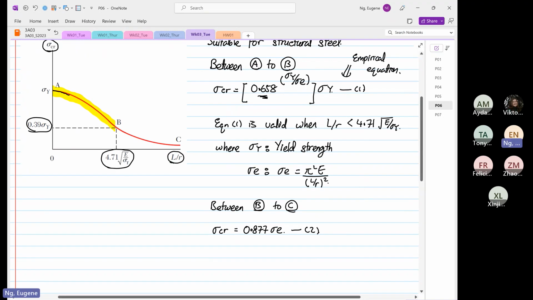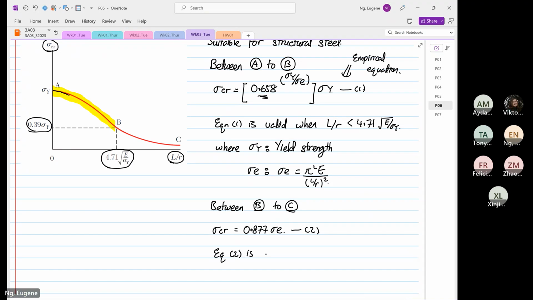Equation number 2 is valid when L over R is greater than 4.71 square root of Young's modulus over stress Y.